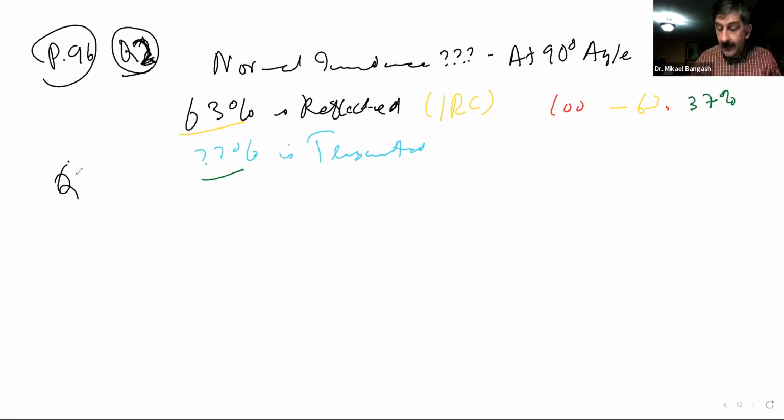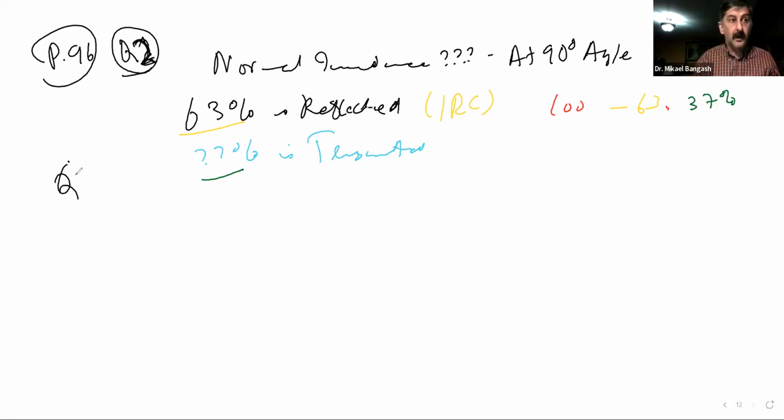Now what can be said is that it has a greater impedance than that of the soft tissue, or there's going to be a greater difference in the impedance between bone and soft tissue. What can be said about the impedance of the soft tissue? Well, the same. What can be said about the differences between the impedances of the bone and soft tissue?